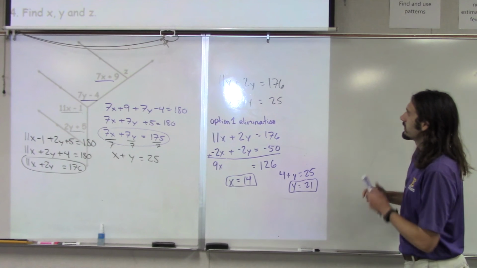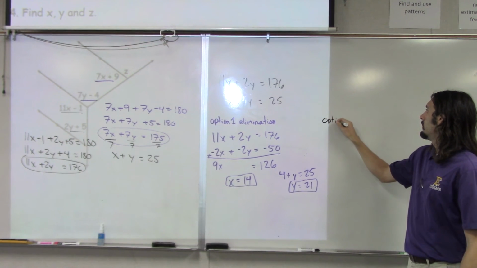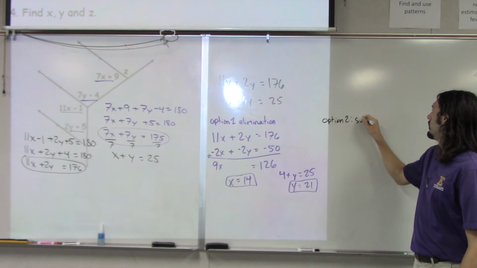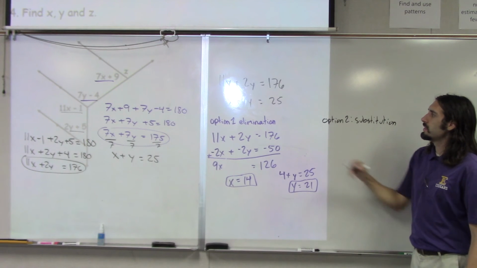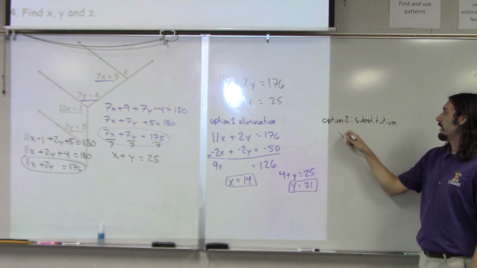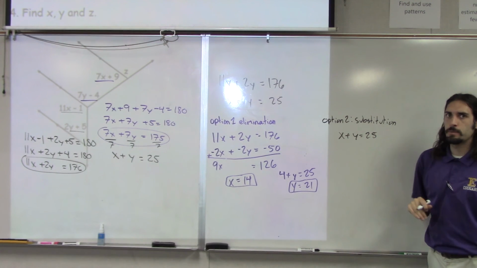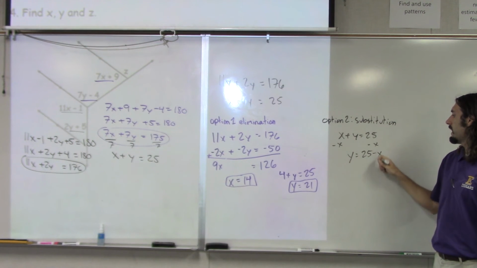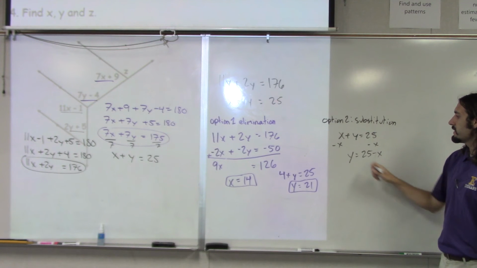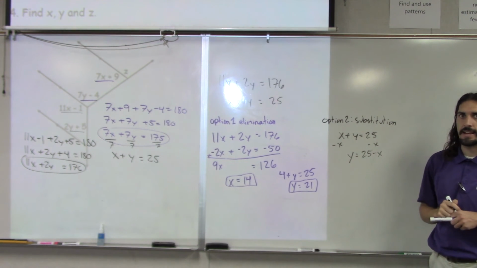If I come over here, option 2, what I'm going to do is I'm going to take my second equation, x plus y equals 25, and I'm going to get one of my variables alone. If I subtract x to the other side, I now have that y equals 25 minus x. So that means anywhere I see a y, I can replace it with 25 minus x.